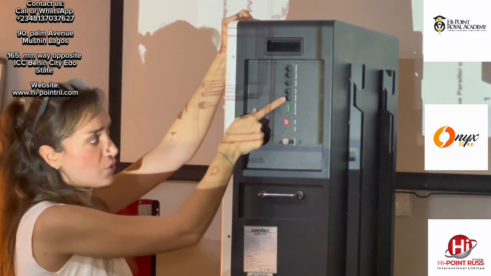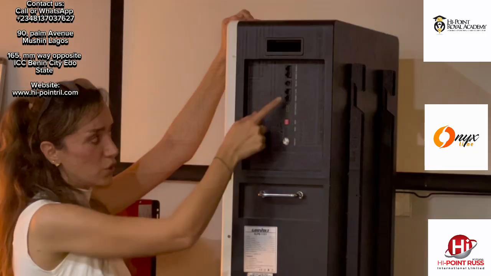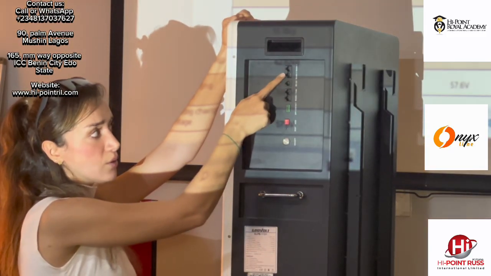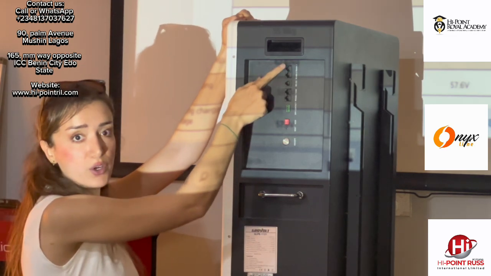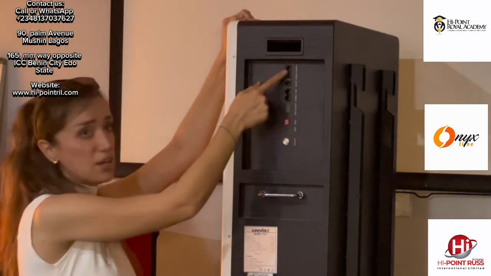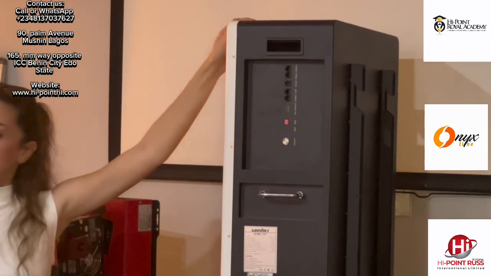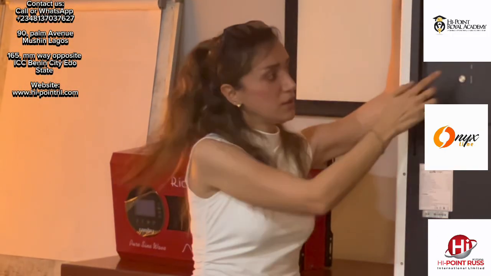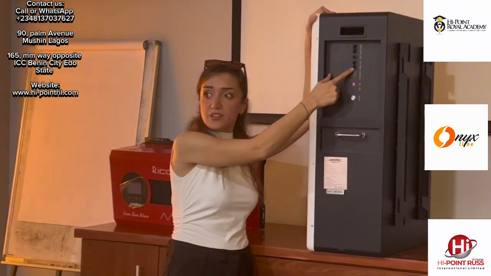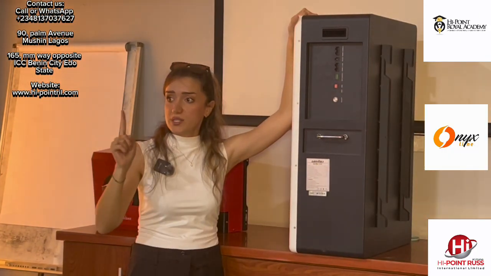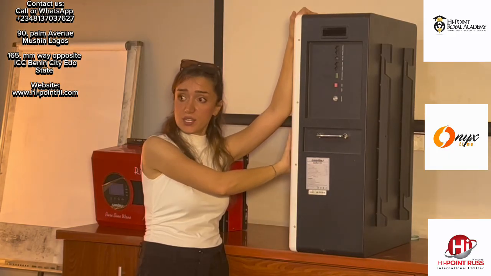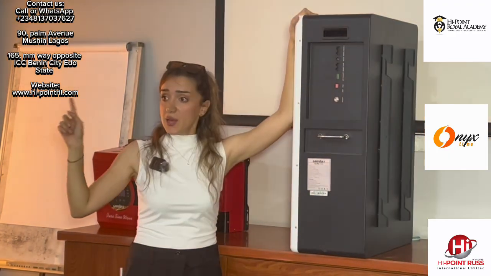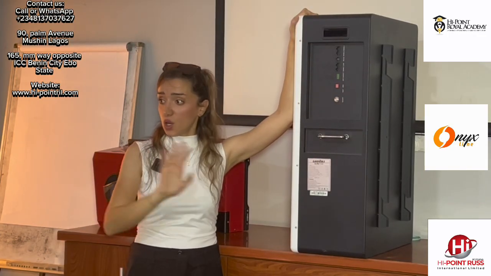This RS485-1, CAN, RS232, RS485-2, RS485-3. How do we parallel battery to battery? Focus on this one. From RS485-1, always on the master battery, I consider this the master battery, from 1 to the BMS inside the inverter, always.